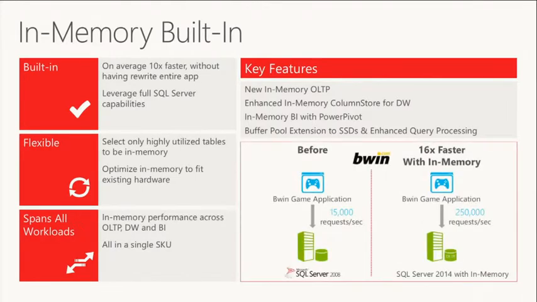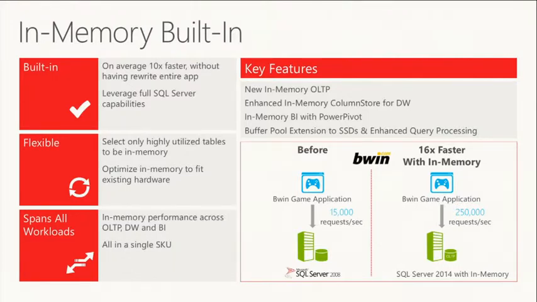Okay. If we talk about bwin, very good partner with not only Real Madrid, but a very good customer of Microsoft as well. They saw a live performance increase from 15,000 transactions per second to 250,000 transaction requests per second.